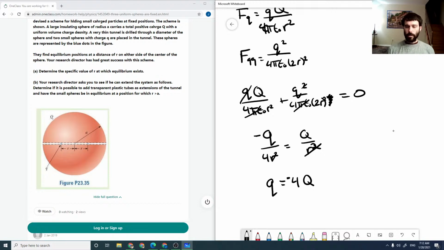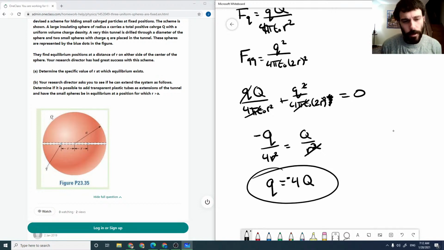So as long as our charge is minus 4 times the total charge, there's an equilibrium at any r. So you can put the particles literally anywhere, but the charge in the tiny particles has to be 4 times that of the charge in the whole surface.